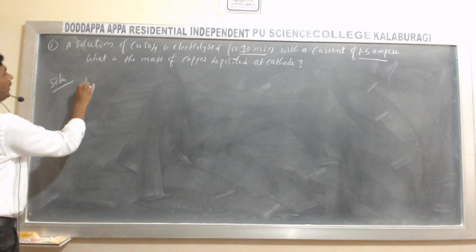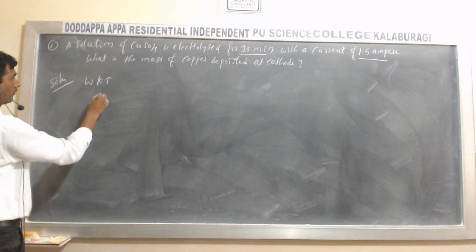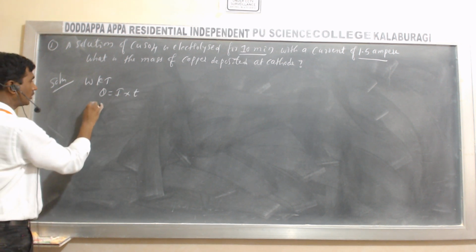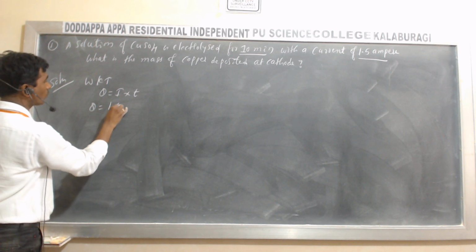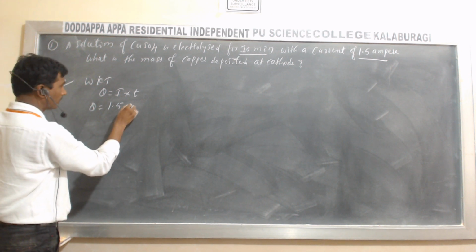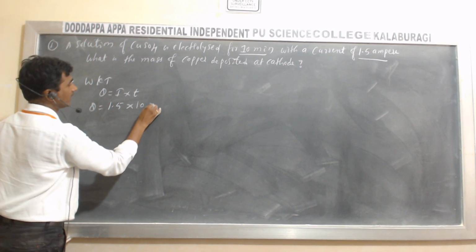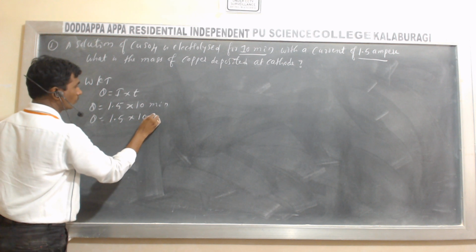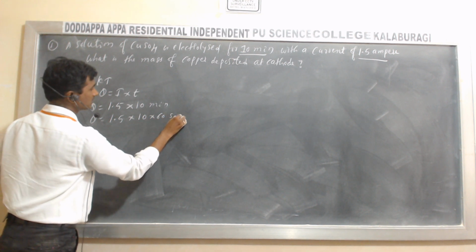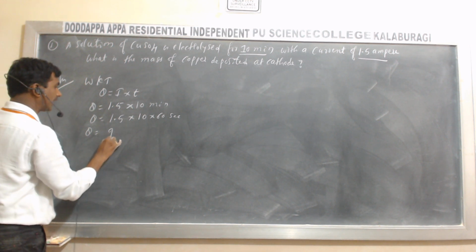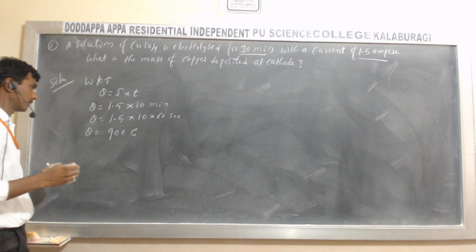According to Faraday's first law, Q is equal to current into time. The current is 1.5 ampere, supplied through the copper sulfate solution continuously for 10 minutes. So Q is equal to 1.5 into 10 into 60, since 1 minute is equal to 60 seconds. Multiplying, we get 900 coulomb.